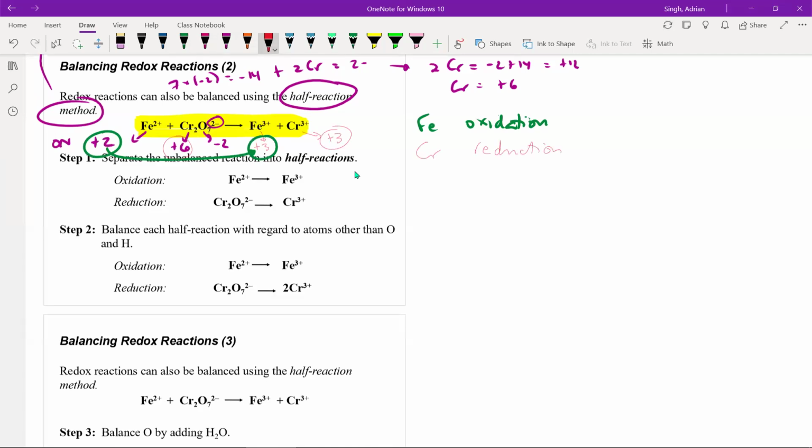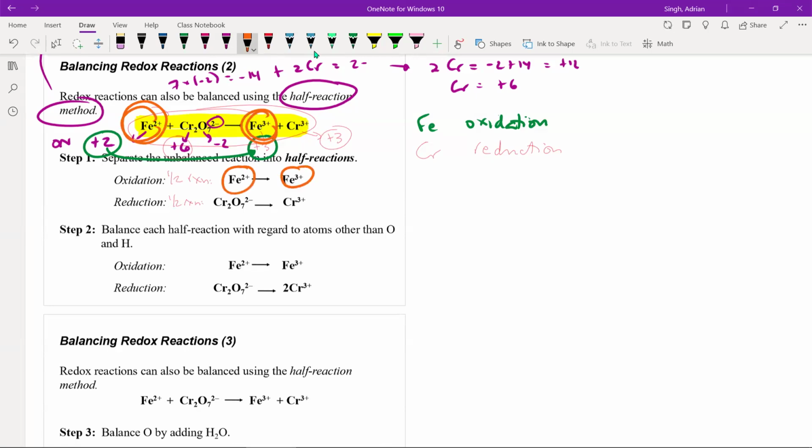So what we're going to do is separate this unbalanced reaction into half reactions. We're going to have an oxidation half reaction and a reduction half reaction. All we're doing for these half reactions is writing the species involved. So we have iron 2 plus becoming iron 3 plus, iron 2 plus on the left, iron 3 plus on the right.